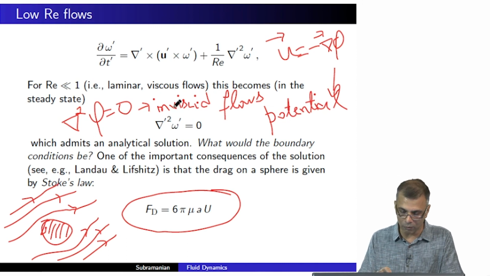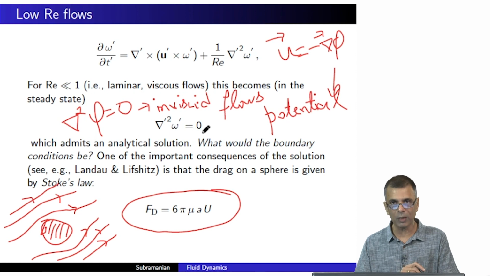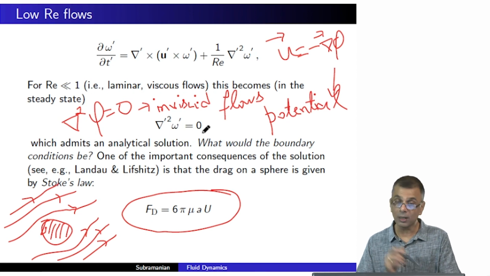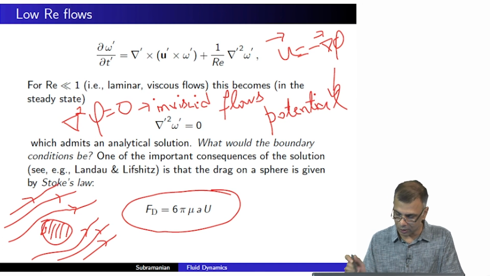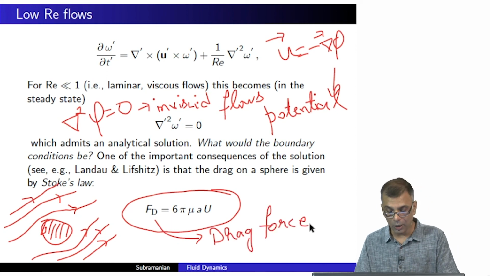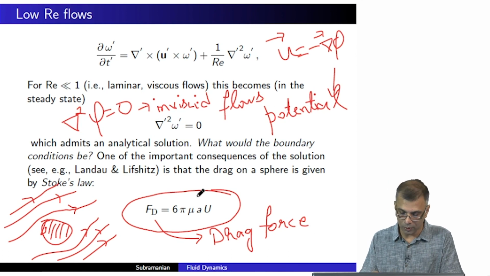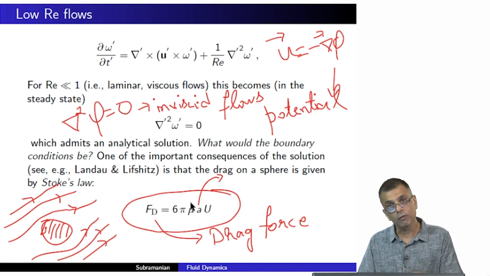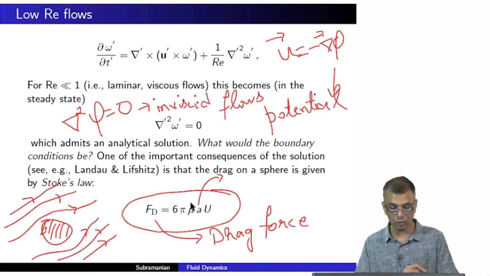And when we solve this equation with the appropriate boundary conditions, it can be shown that there is a finite drag, as would be expected, and the drag force is proportional to the radius of the sphere and the first power of the velocity, and also to the viscosity coefficient. Okay, this is called Stokes Law.